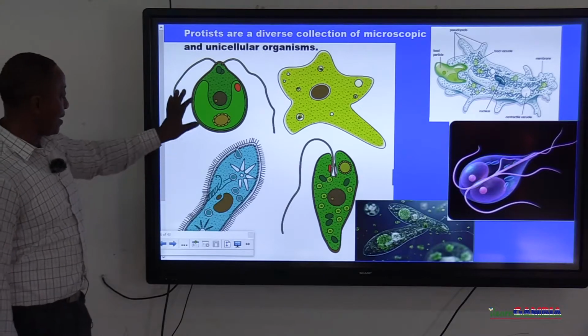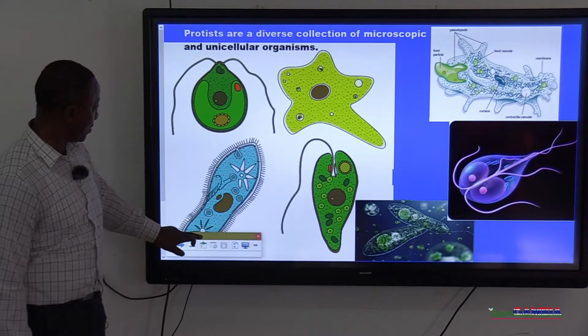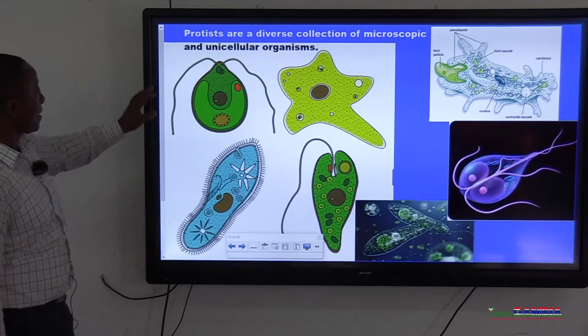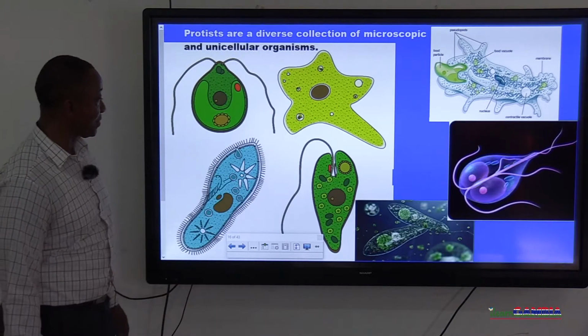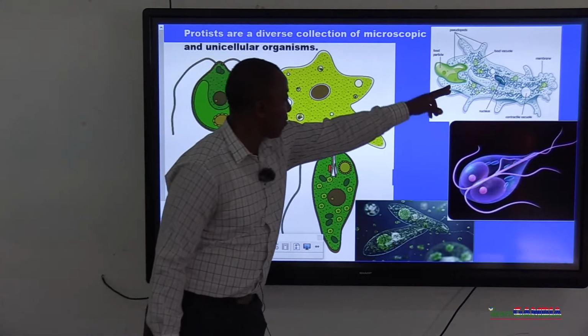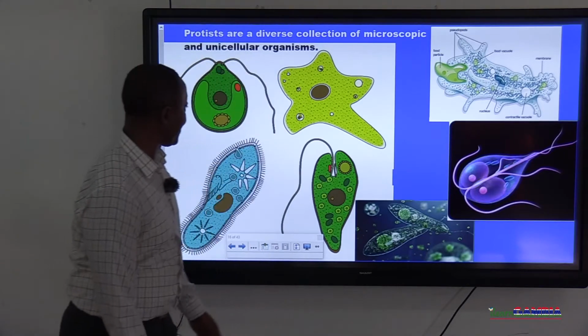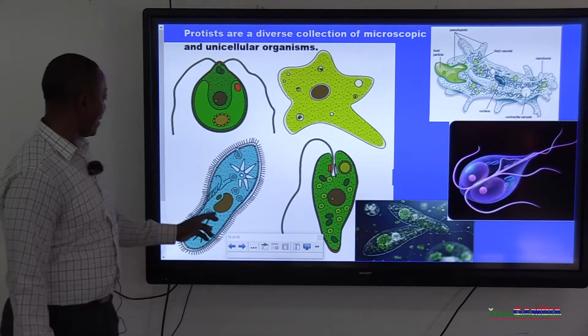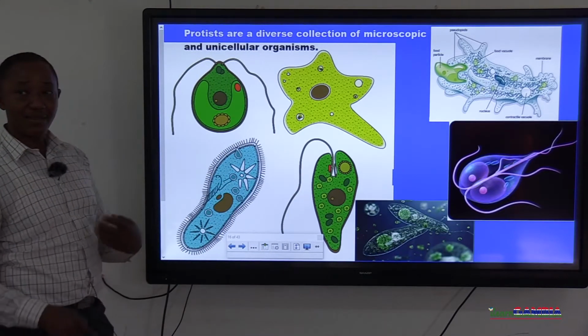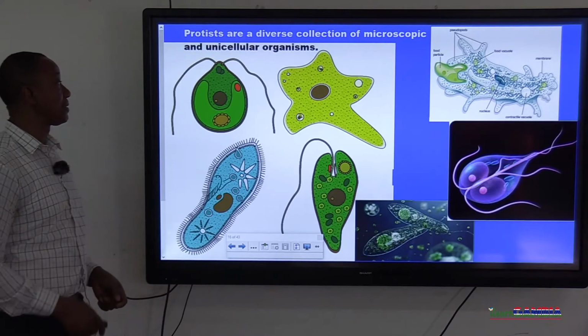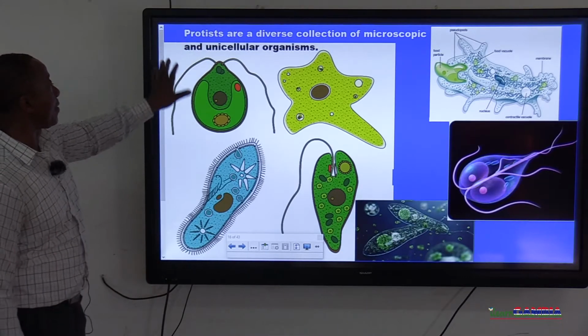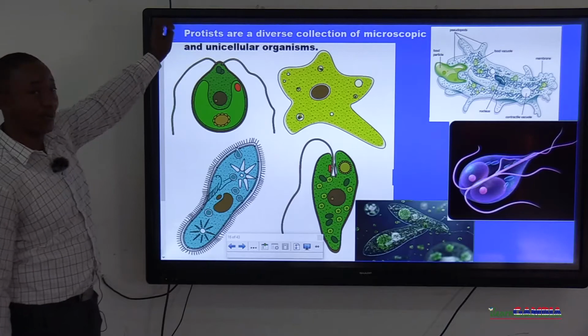But then you have, again, different groups here. So taking a look at them, we have some examples, and more common examples. We have the euglena, and then we have paramecium. These are things probably you've been looking at. They all fall under the group that we call protists.